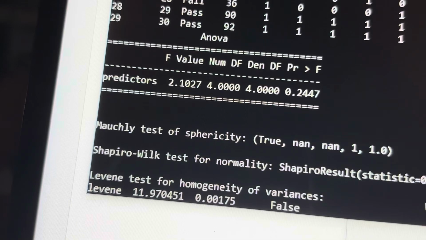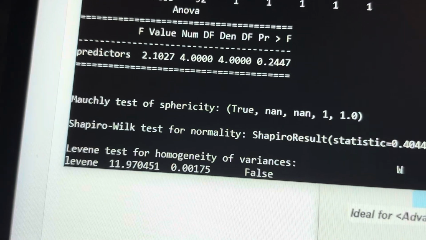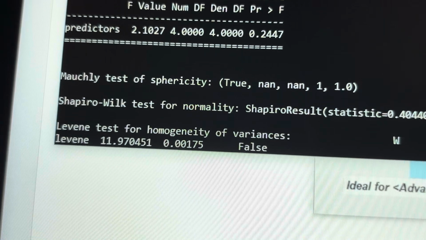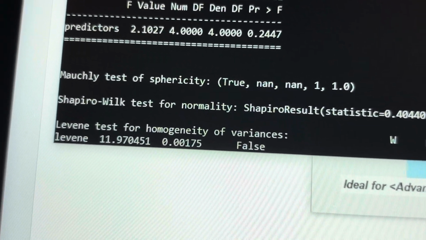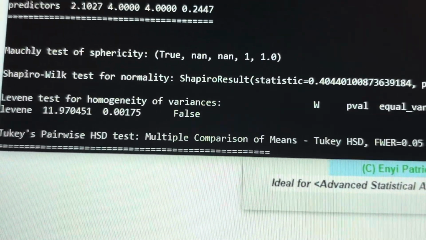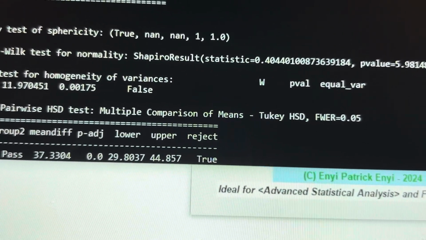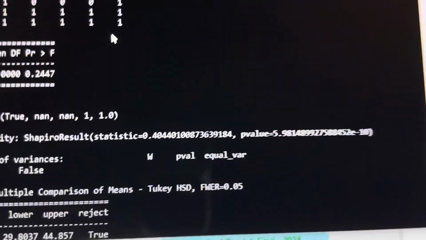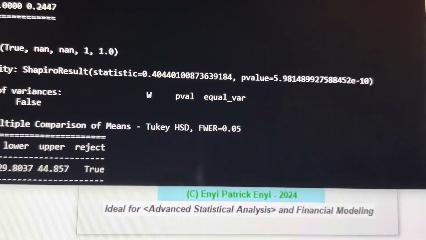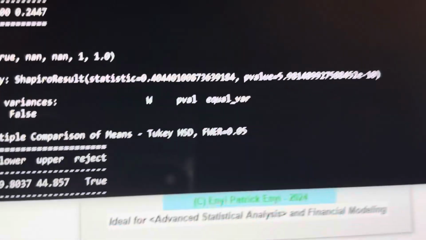Then the Mauchly's test of sphericity, I think I've explained that one earlier. What you have is true, and then 1, then 1.0, and then you now have Shapiro-Wilk normality, and so on and so forth, with the p-value of this. And of course, the p-value, when you subject it to normal translation, you find out that it is very, very significant.